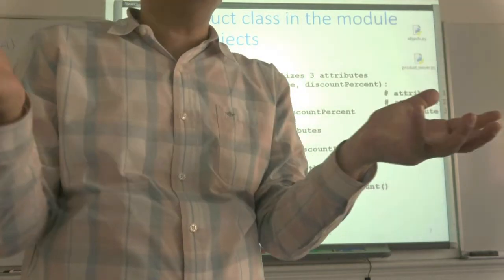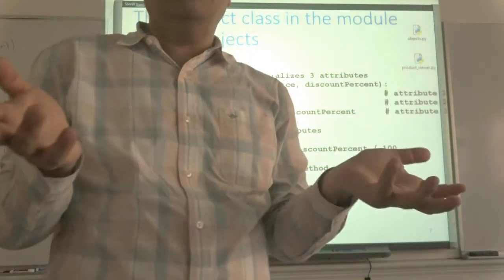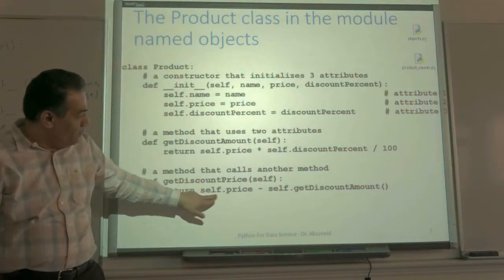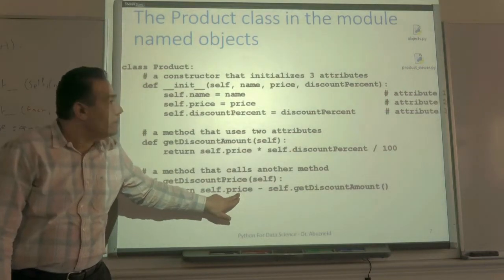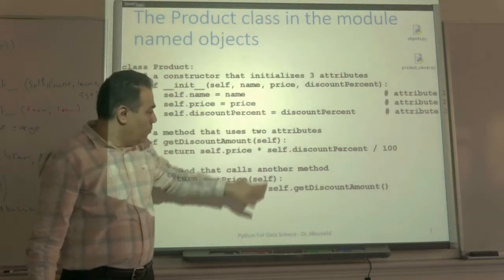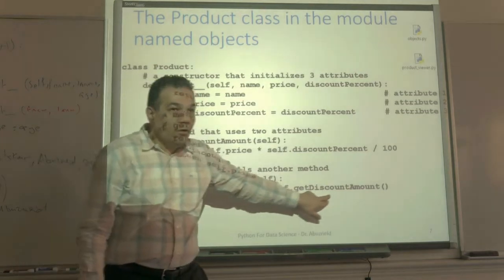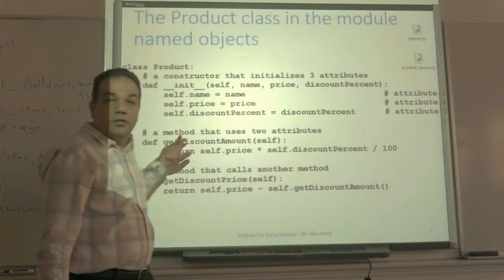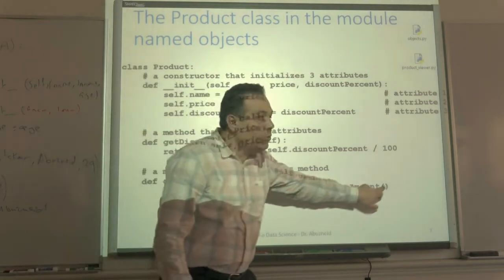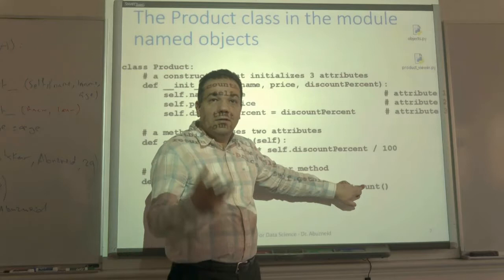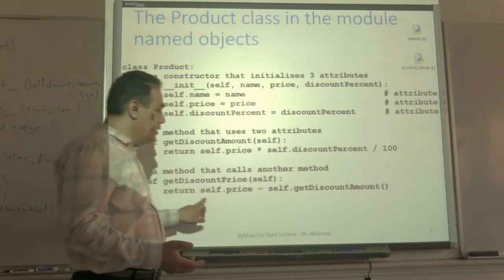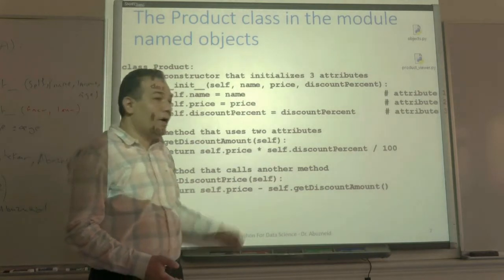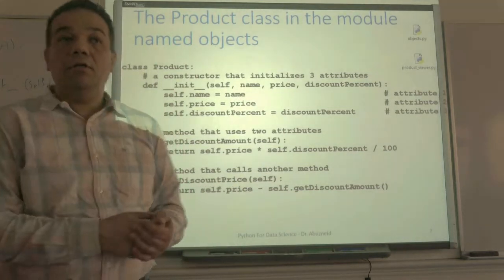Return self.price minus what I'm doing in here: I'm calling a method in the class. What does this method do? It calculates the discount. Price minus the discount will give me the discount price, the final price. All right? So that's a class.